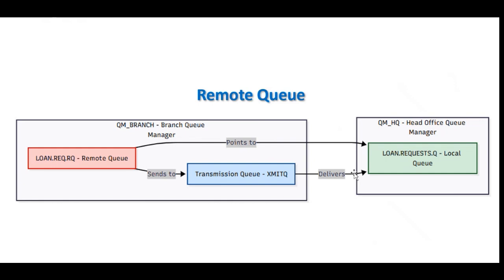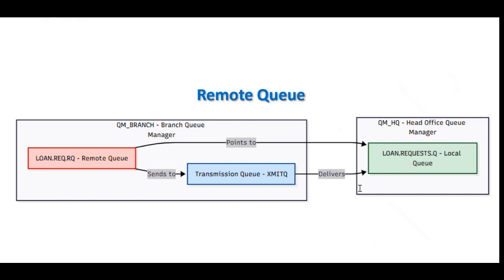So basically, a remote queue in IBM MQ is not a container of messages like a local queue. It is just a definition, or we can call it a pointer that tells your local queue manager where to send, where to transmit the messages. It exists only in the local queue manager.